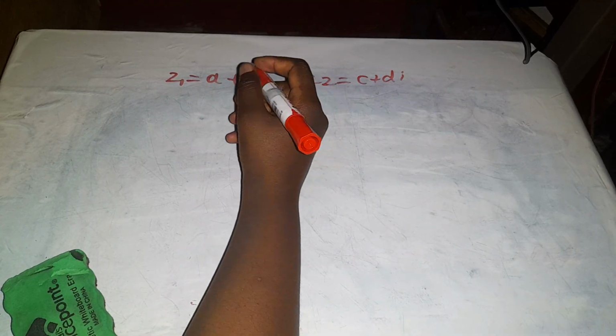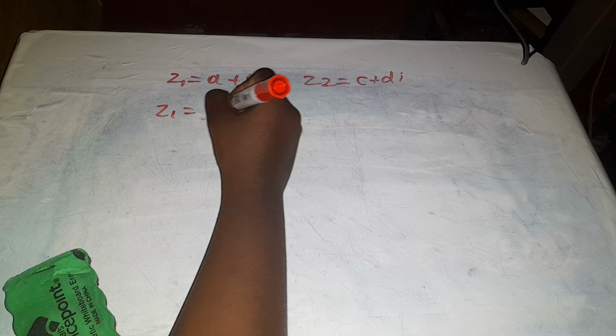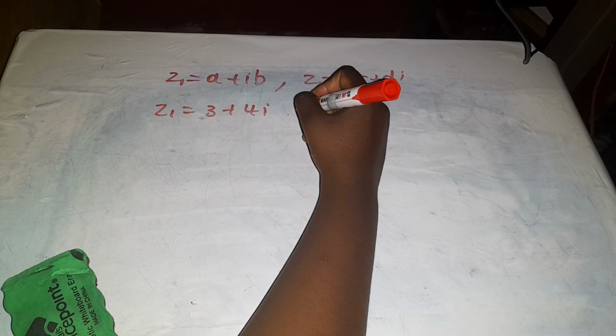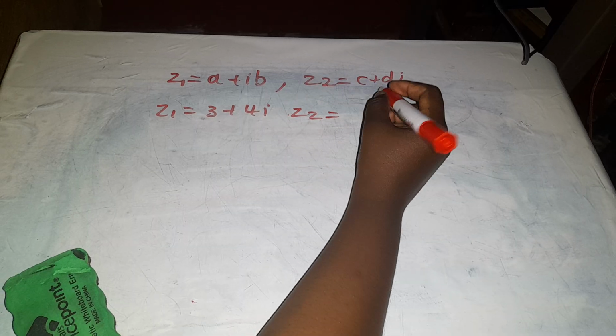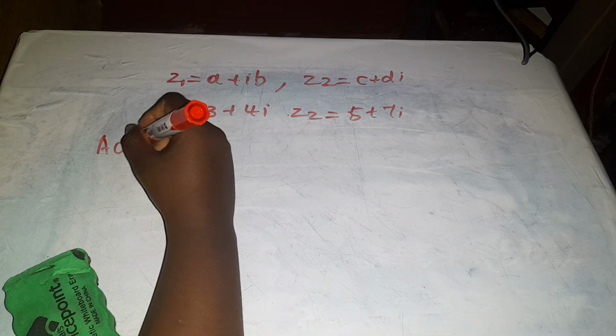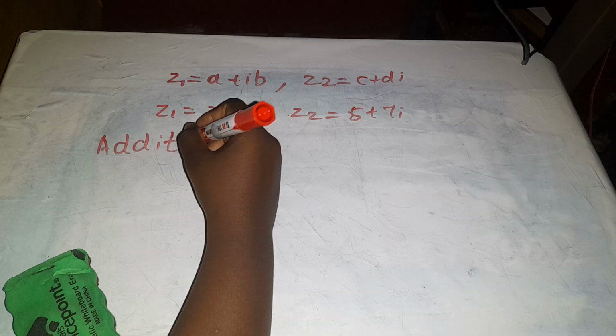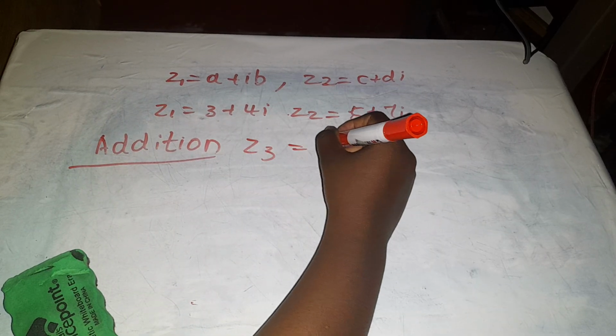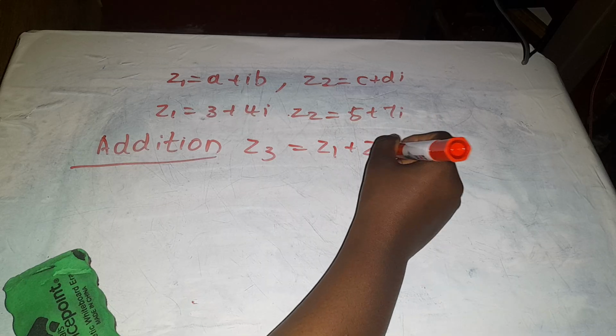So in the case of addition, we say z1 is equal to 3 plus 4i, and z2 is equal to 5 plus 7i. In terms of addition, we're going to have z3 is equal to z1 plus z2.